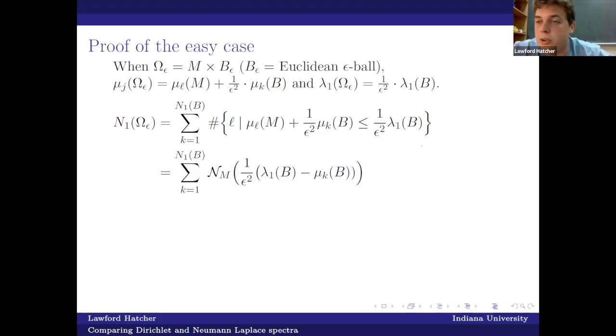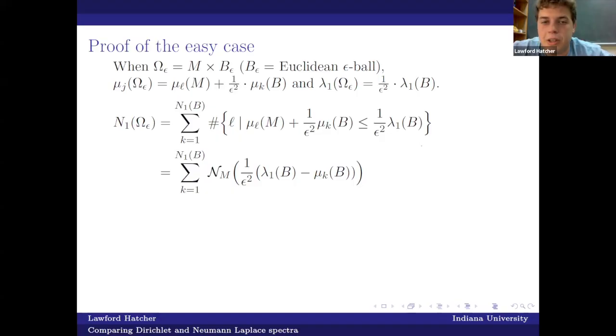So this turns into a nice finite sum. And then in the next line, I just rearrange this inequality to get the Neumann counting function for the manifold M. So this calligraphic N is the eigenvalue counting function for M, and it's pretty easy to go from the first line to the second, since I've just subtracted a term to the other side.